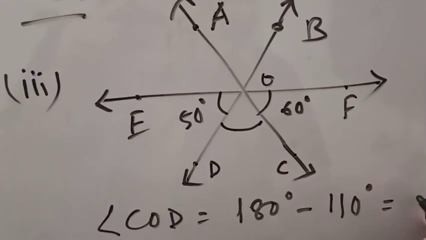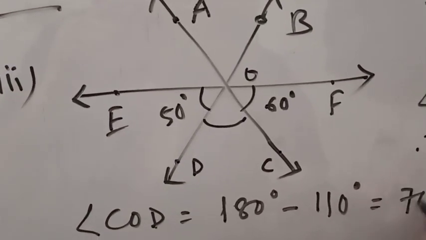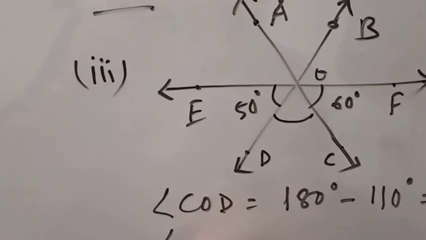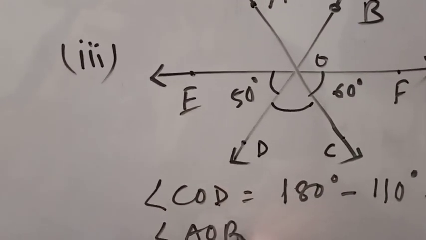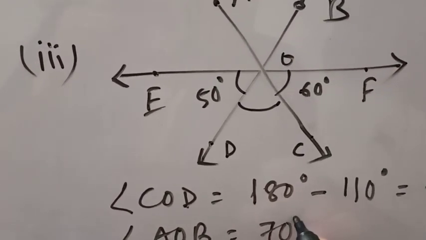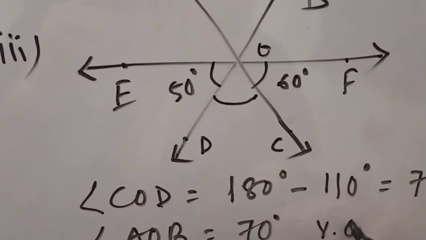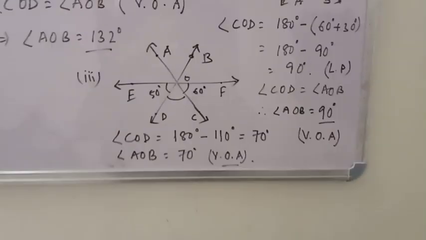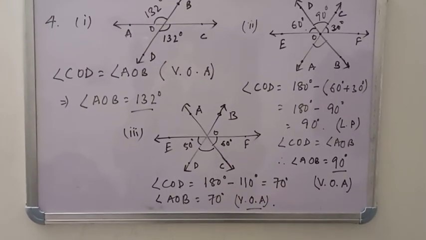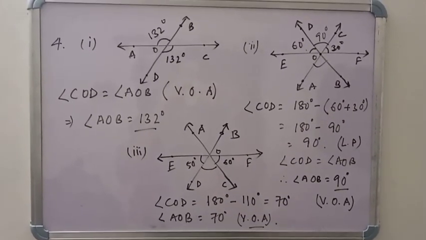So that means 70 degree. So COD equals to AOB. That means AOB equals to 70 degree. Vertically opposite angle. So this is 4. Now go to the next.